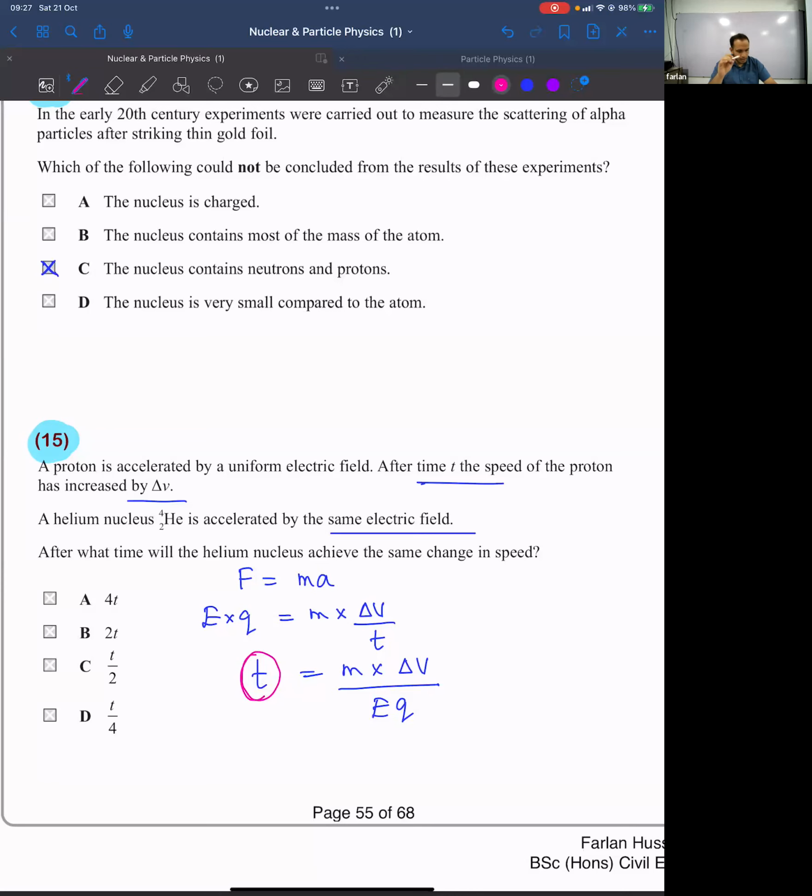A helium nucleus is accelerated by the same electric field. After what time will the helium nucleus achieve the same change in speed, the same delta v? Basically the time taken depends on the mass and the charge.